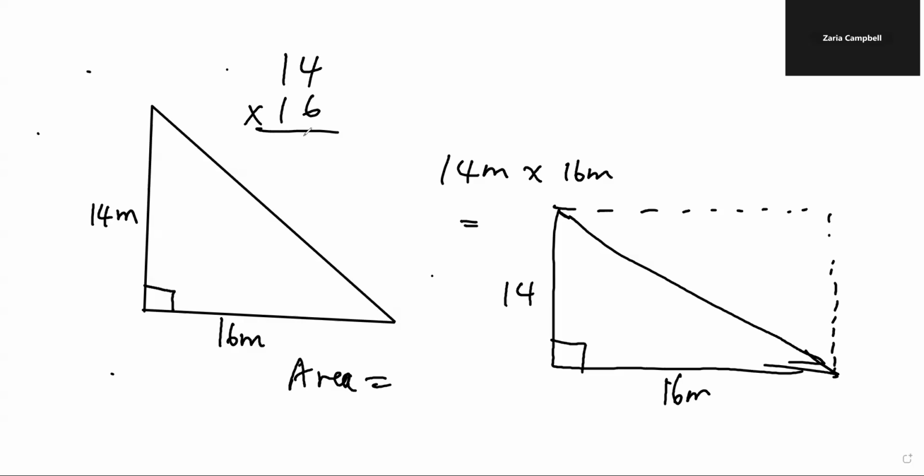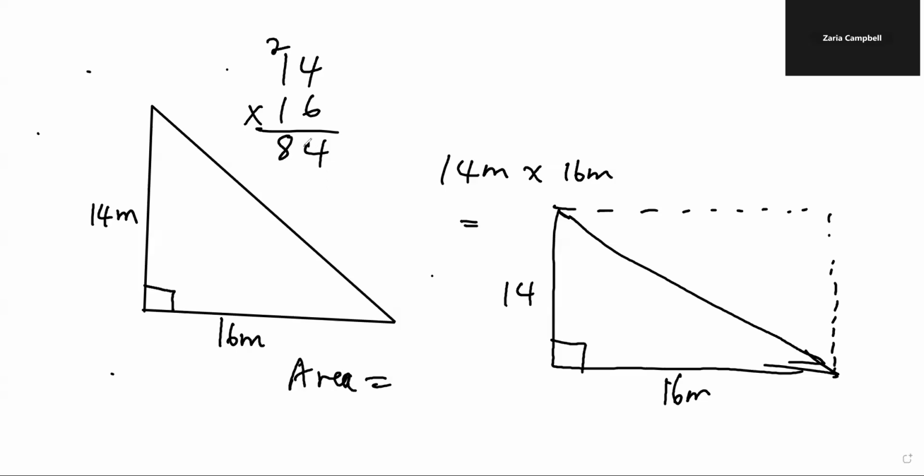Six times 4 is 24. Put down the 4, carry the 2. 6 times 1 is 6 plus 2 is 8.